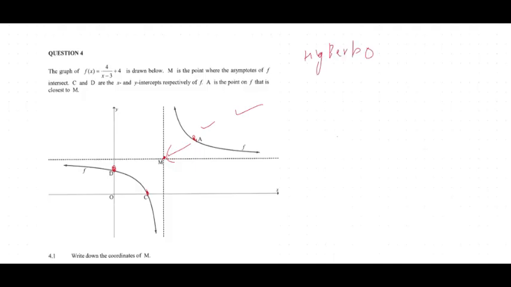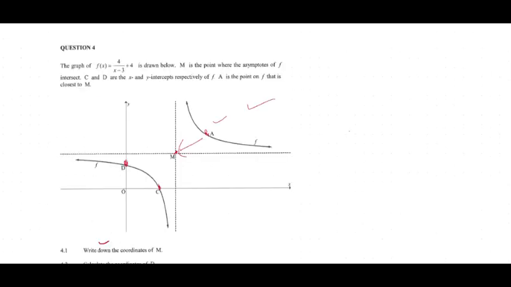Since we have a hyperbola analysis, the first thing is 4.1: write down the coordinate of M. What is its x and what is its y?